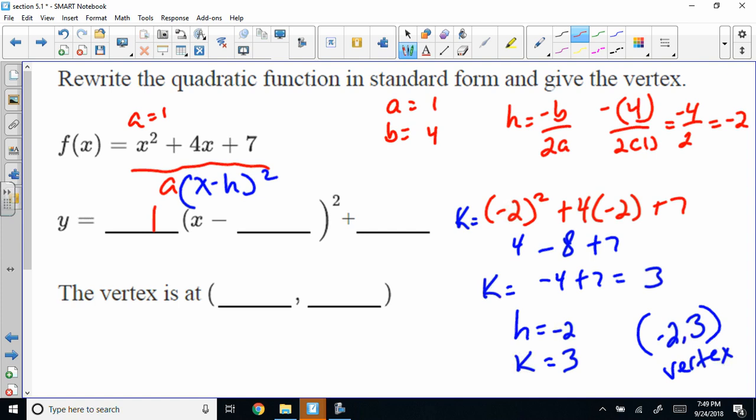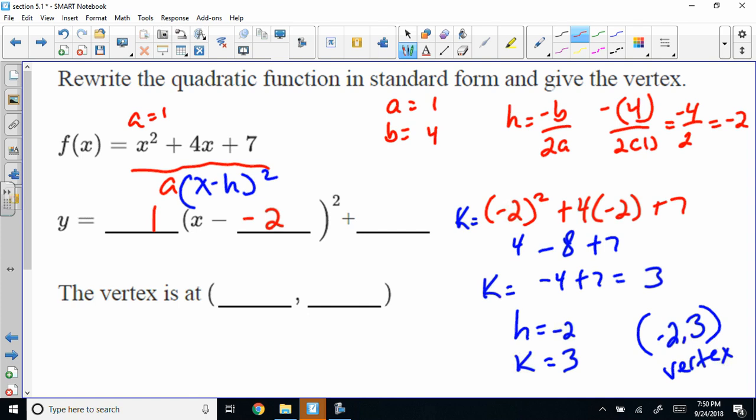Minus, well, it's negative what? 2, right? I don't like this because we're thinking, okay, that really should be x plus what? 2, right? But what they're trying to get you to understand is when you subtract a negative, it's going to be a what? Positive. And if you remember, when we did vertexes on quadratics, the h value always changed signs when you put it in or took it out of the equation, right? Because of the x minus h.